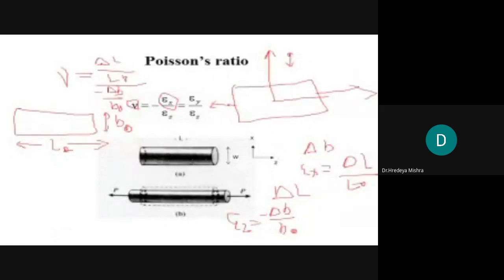If we simplify this, we get mu equal to delta L into delta B with the minus sign, divided by L naught into B naught.